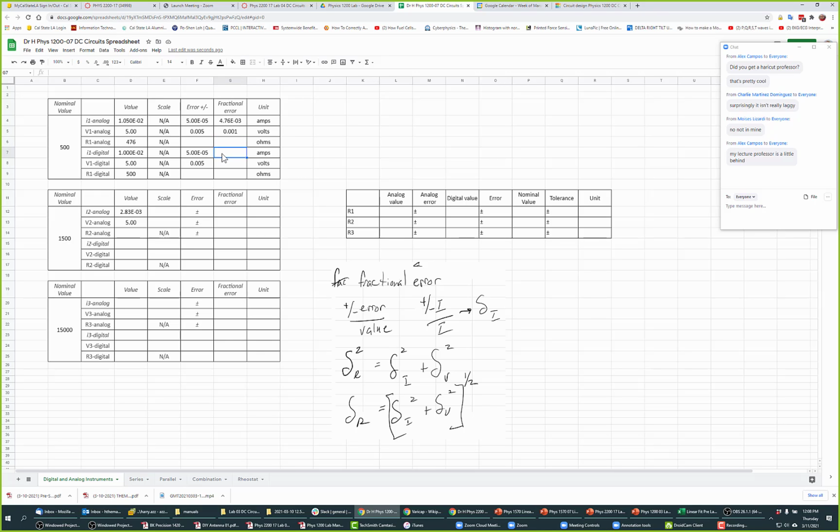And again, this is equal to the plus minus divided by the value.